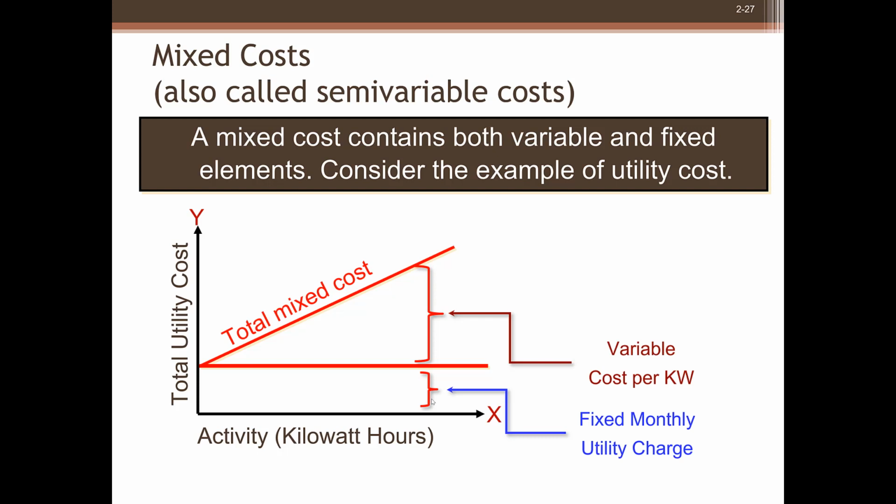The fixed portion of a utility bill is constant, regardless of kilowatt hours consumed. This cost represents the minimum cost incurred to have the service ready and available for use. The variable portion of a utility bill varies in direct proportion to the use of kilowatt hours.